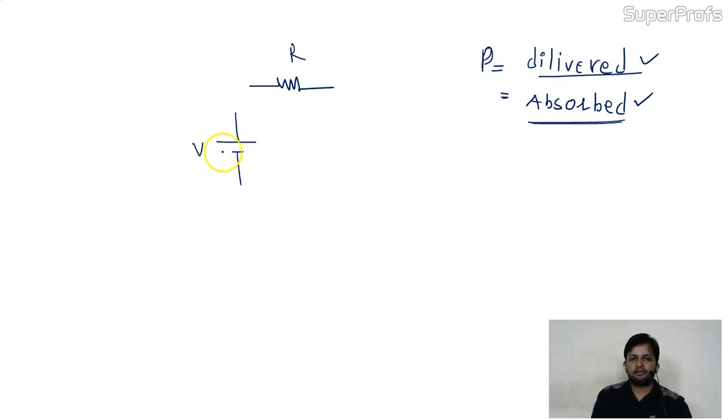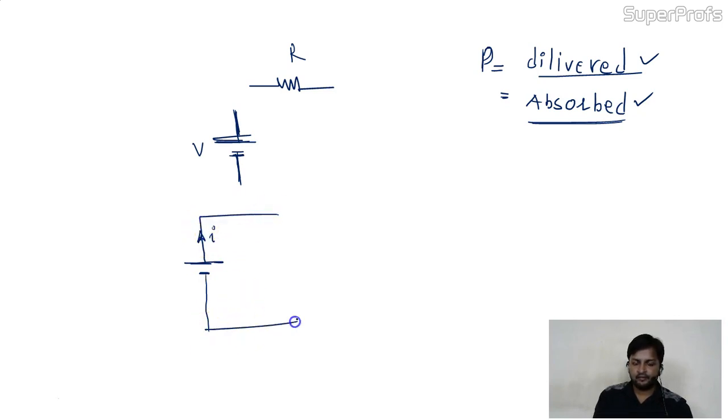The sources that deliver the energy are actually power delivery sources, but in one condition. Suppose this is the independent source. What will be the direction of current? This is the direction of current, right? Means this voltage source or independent source is supplying energy to the circuit.